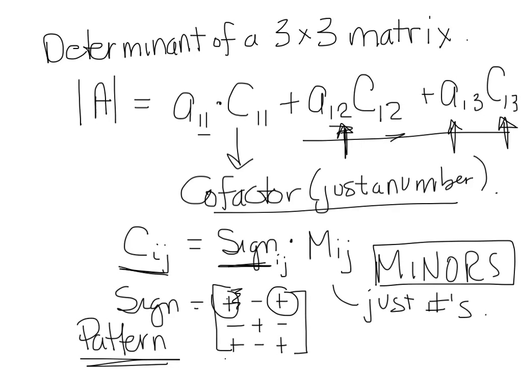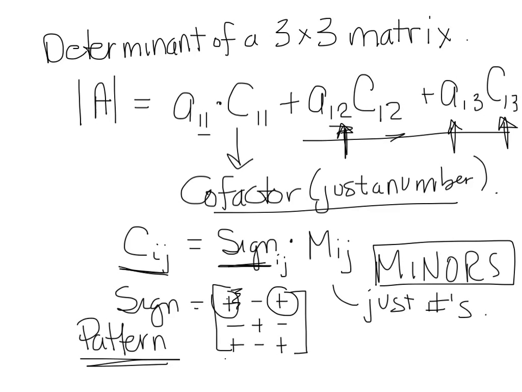So I'll put a plus in front of the number, or it's really a plus 1 times the number. Basically you're not changing the number if it's plus. If it's a minus in the sign pattern, then you're going to take the opposite. It's as simple as that. Minus 1 times whatever number you get for the minor.